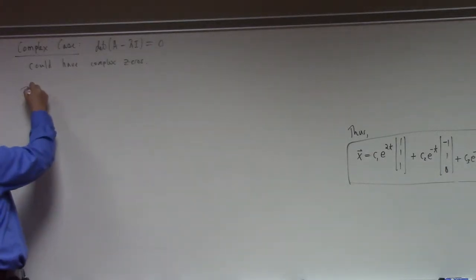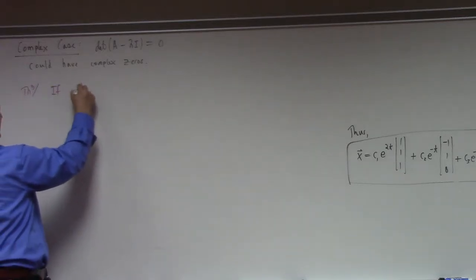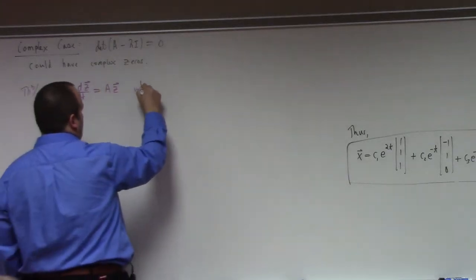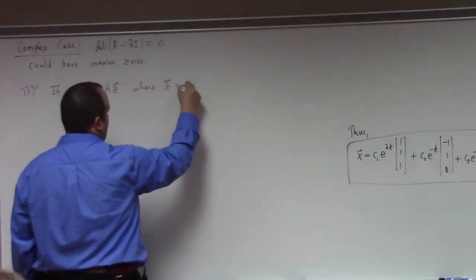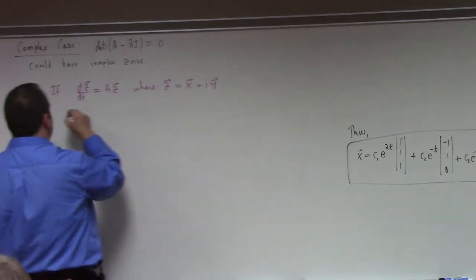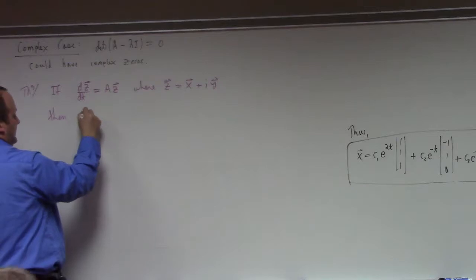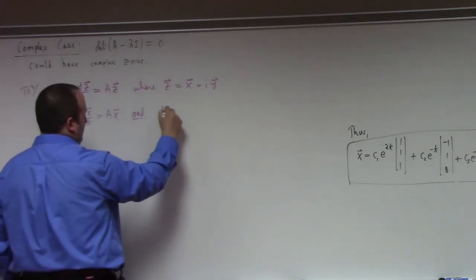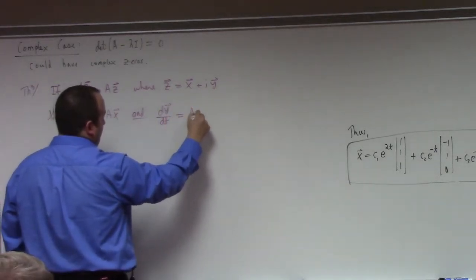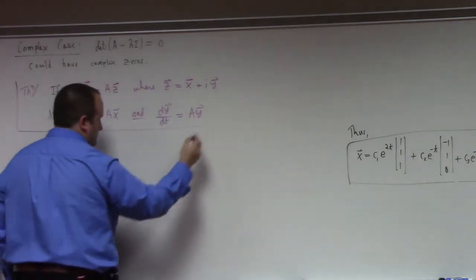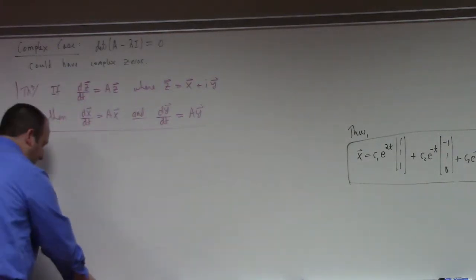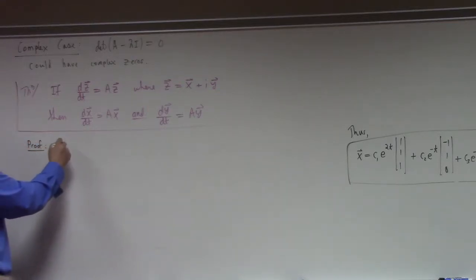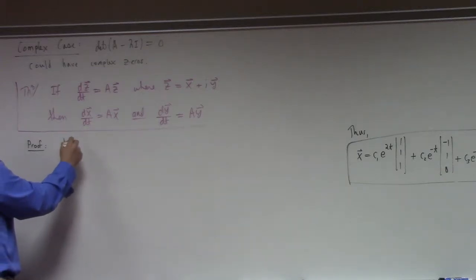Fundamental theorem: if dz/dt is equal to Az, where z is equal to x plus iy, then we have dx/dt equals Ax, and dy/dt is equal to Ay. I think the proof is worth a minute of our time. So let's see here. How do we differentiate a complex vector?